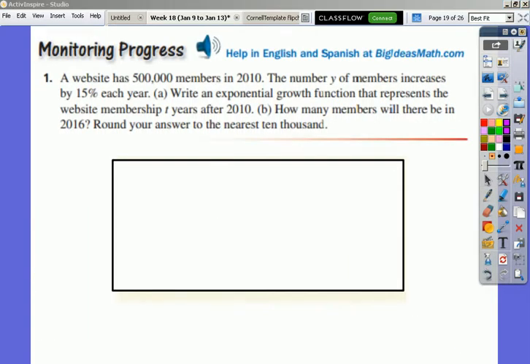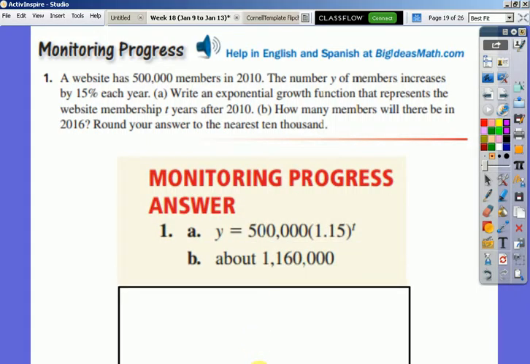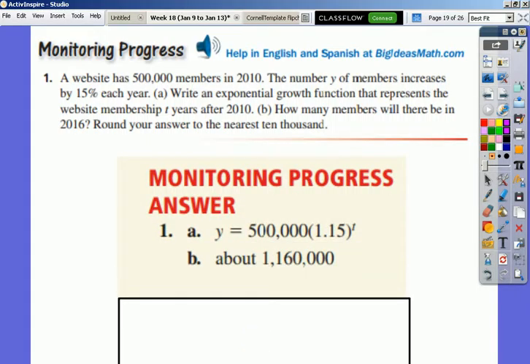Okay, if you're watching, make sure to pause this and try it. I'm going to show the answer now. So, for this particular problem, I should have gotten 1.15 to the t times 500,000 and about 1,160,000.